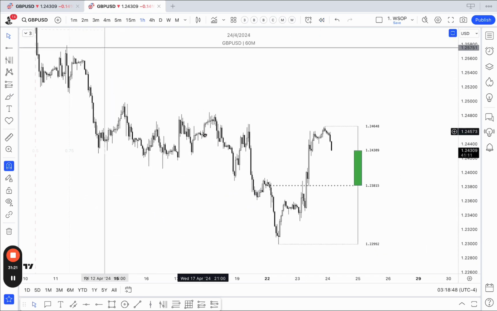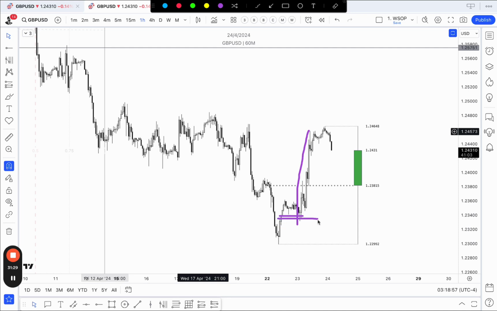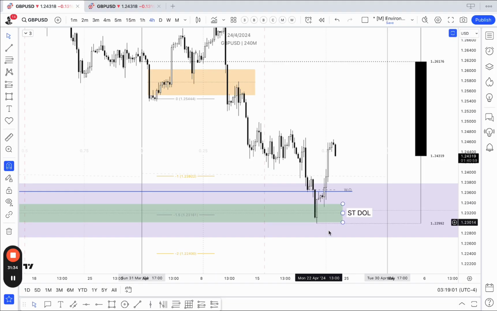so far, I decided to take the long trade up here for the pound, because I was anticipating that the week could have a slight pullback here into the range.